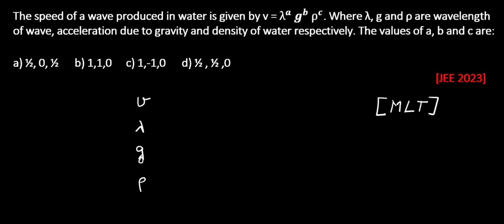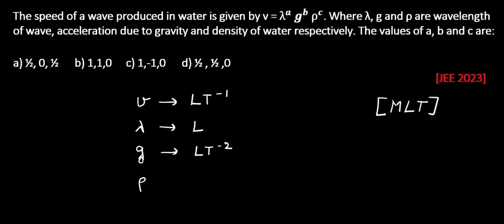Okay, now we have V, the speed. The formula for speed is distance by time, so L T power minus 1. This is the dimension for speed. For wavelength, it is length, that's all. For acceleration due to gravity, it is L T power minus 2.